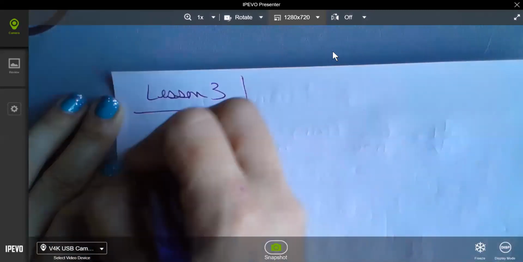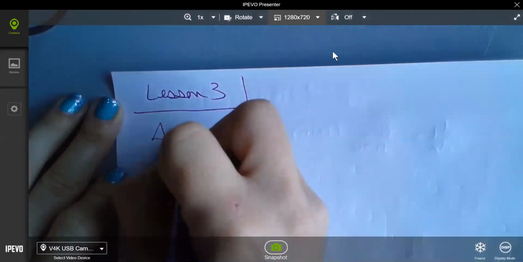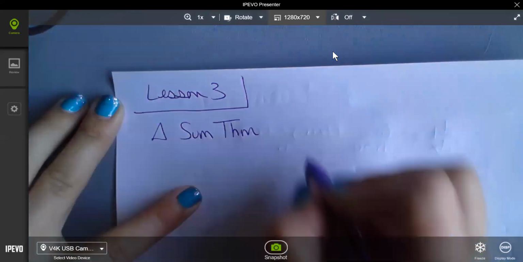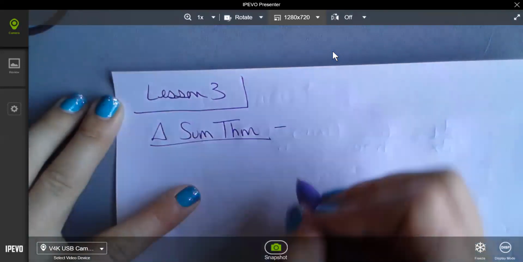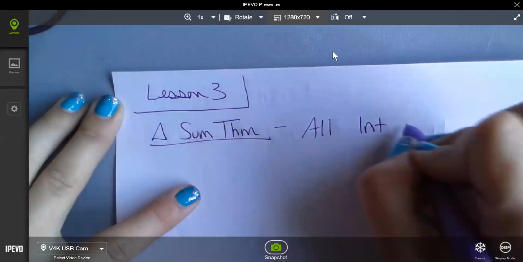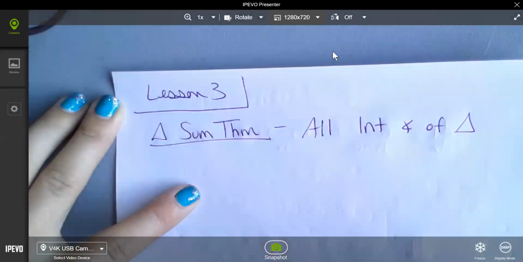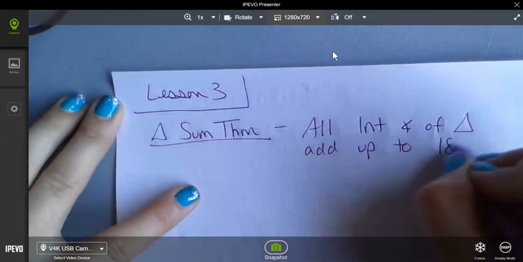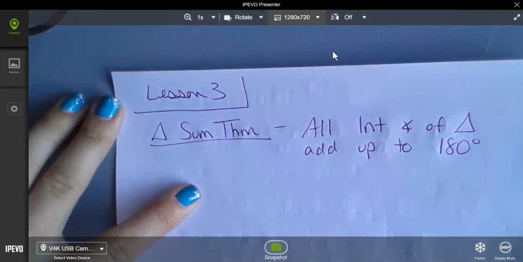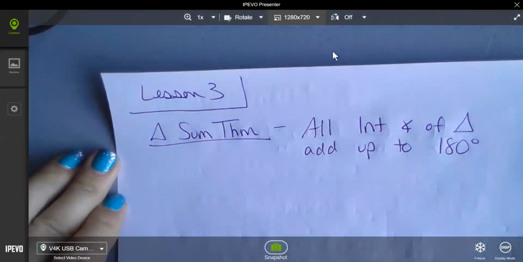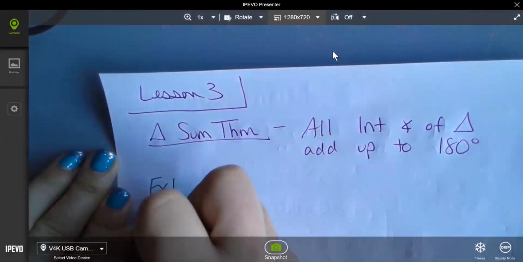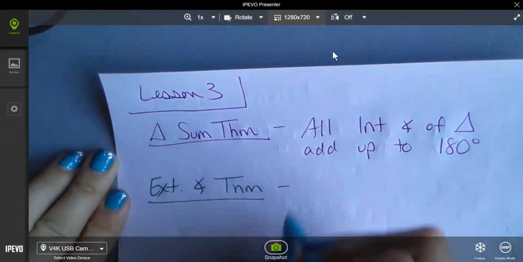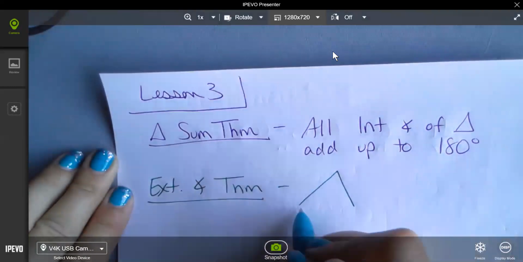So we learned yesterday about the triangle sum theorem, and that says that all interior angles of a triangle add up to 180 degrees. We learned about the exterior angle theorem, and let me draw you a picture.